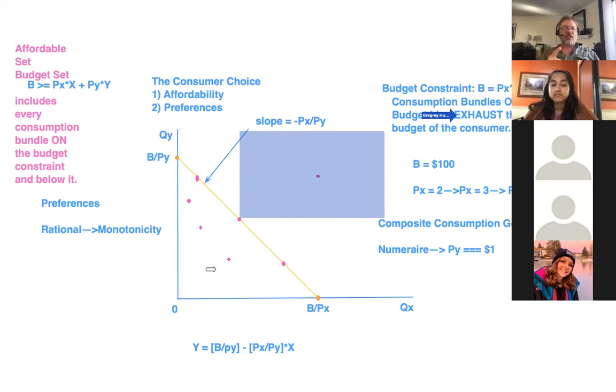Because the consumer is rational, the consumer is going to purchase more and more until they can't purchase anymore. And because the consumer is monotonic, we know they're going to exhaust their budget. It's because they're rational that they'll end up on the budget line.